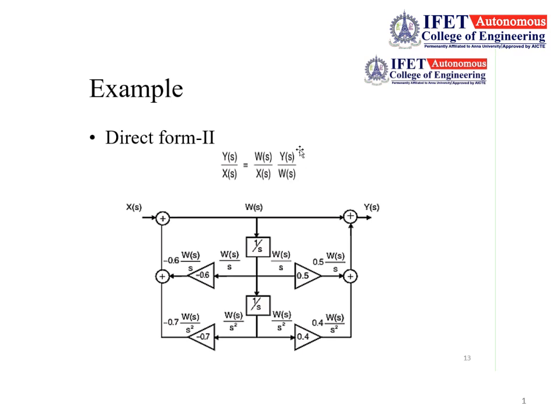In these two subsections, w of s represents the output of the first subsection, and x of s is the input. In the second subsection, y of s is the final output, and w of s represents the output from the previous section. So w of s is the output of the first section, and this output is given as input to the second section.